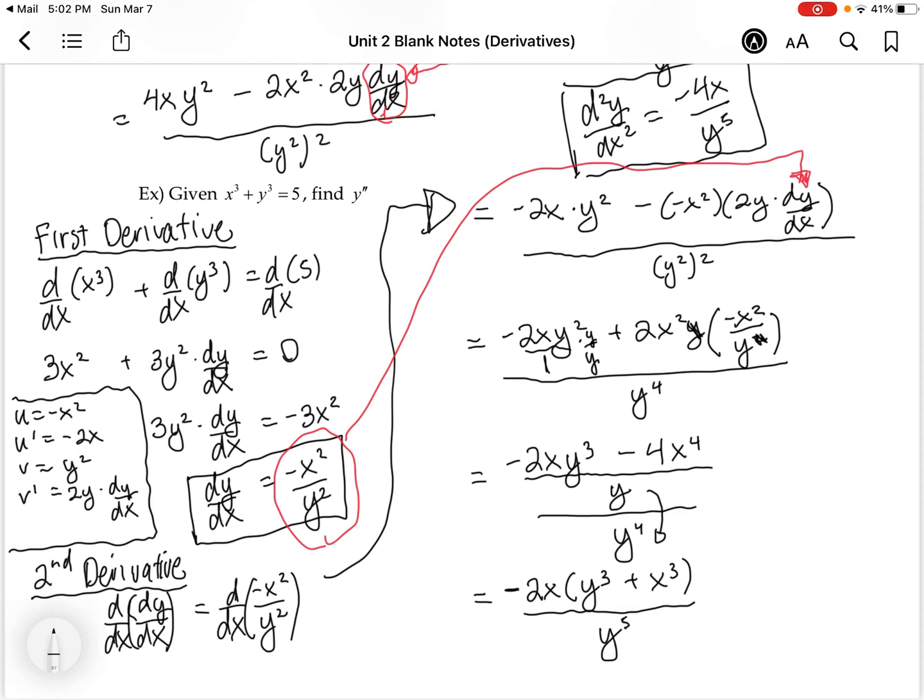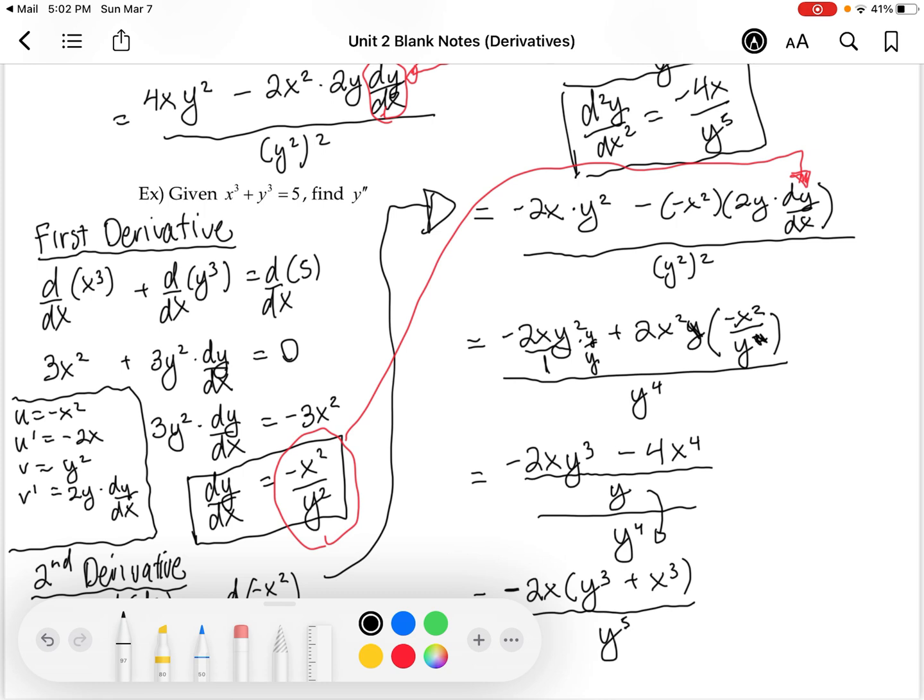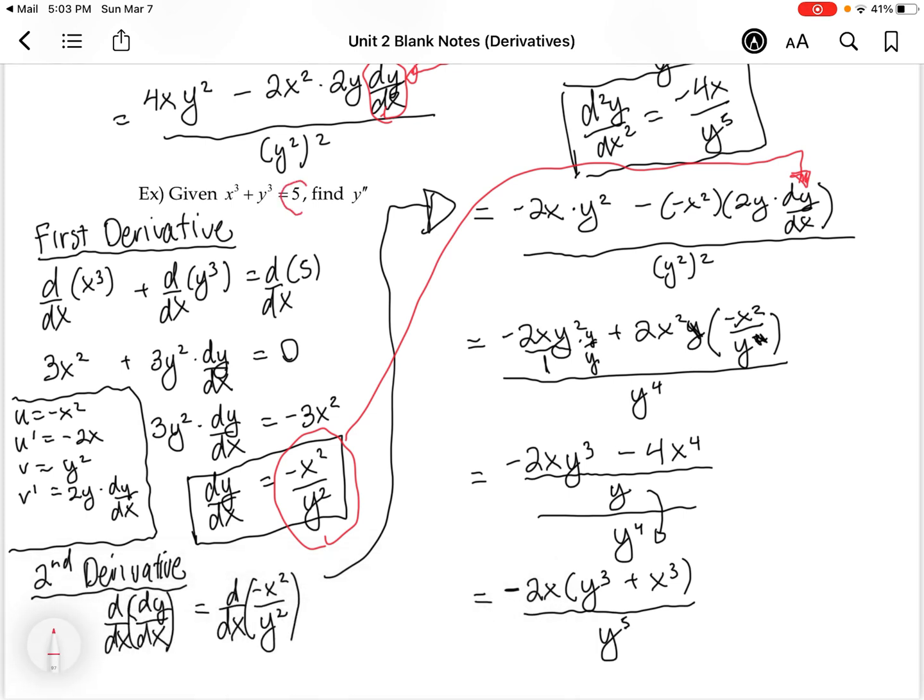And what you might notice is that in the original relation, x cubed plus y cubed equals 5. So I can substitute a 5, since it's equal to x cubed plus y cubed, for this factor.